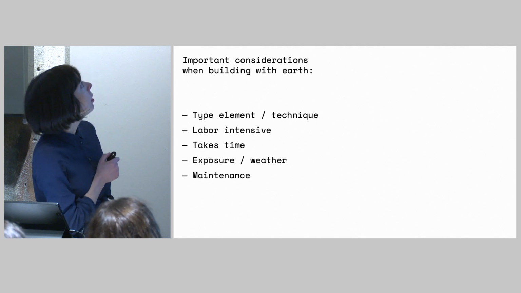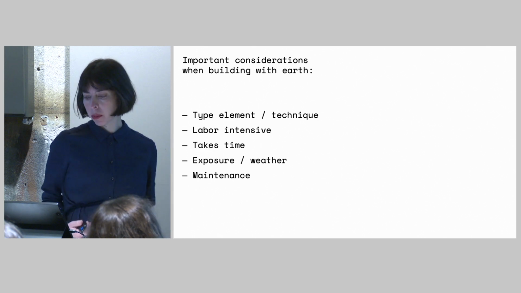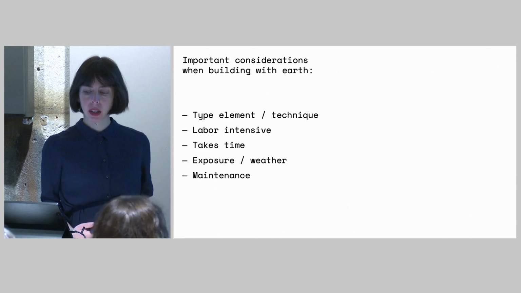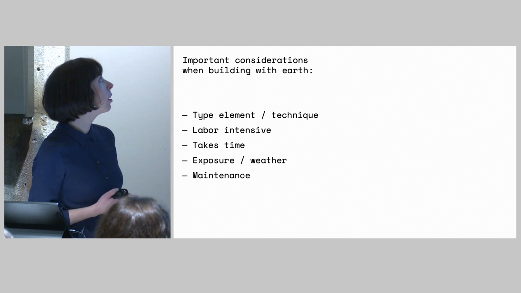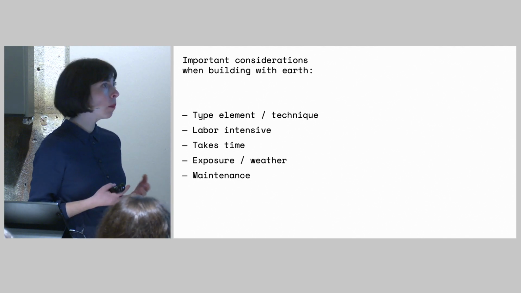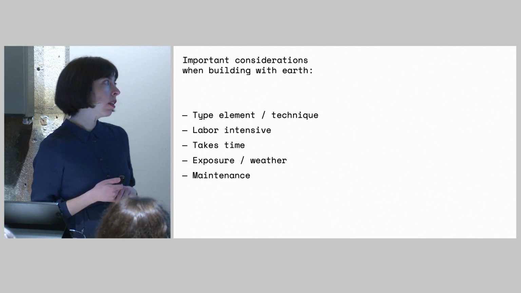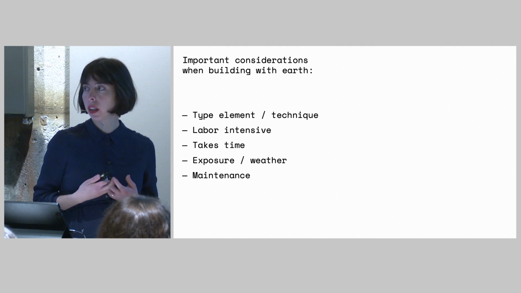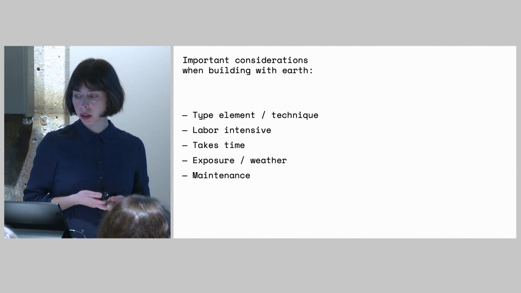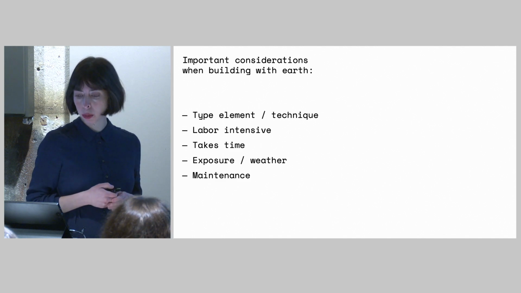And then again, very much like with any other material, depending on what you're going to do, you need to think about how you're going to treat it. The type of element that you want to build will determine different techniques. Traditionally, labor has been demanding when working with earth, but this has changed a lot, and we have many different options today.